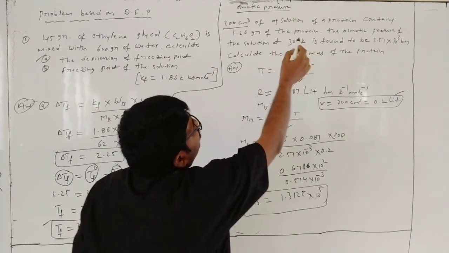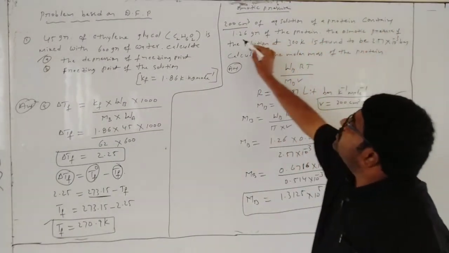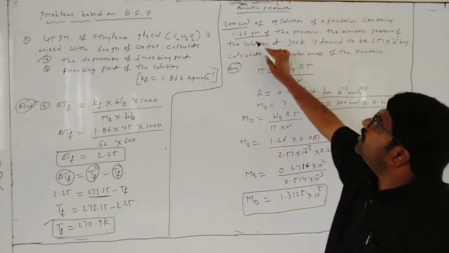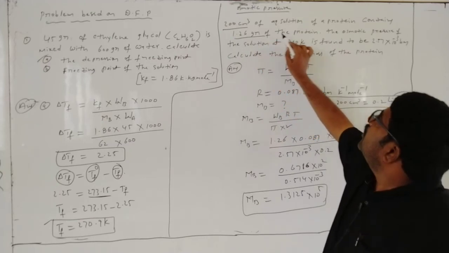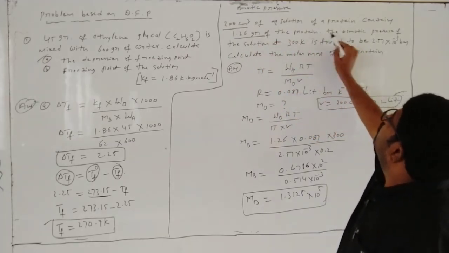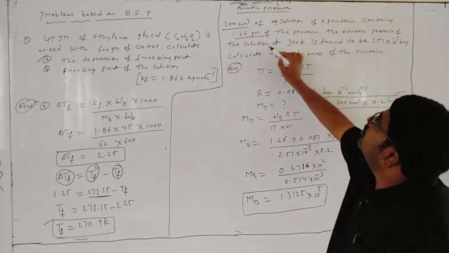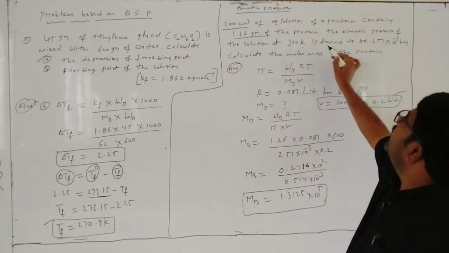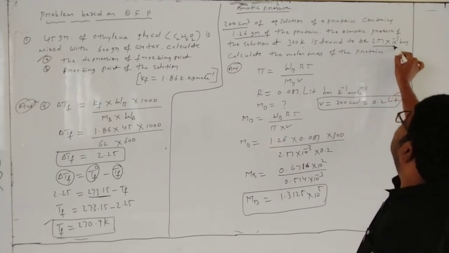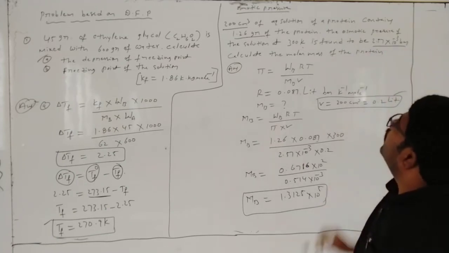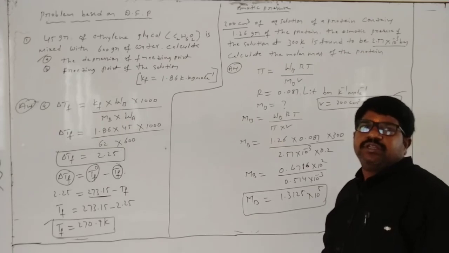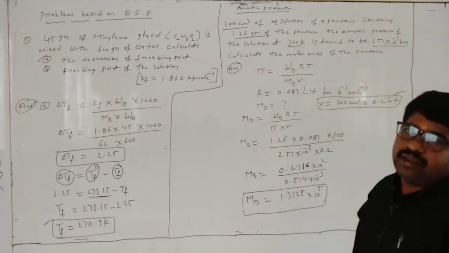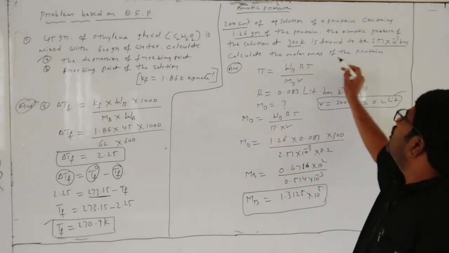An aqueous solution of protein contains 1.26 grams of protein. The osmotic pressure of the solution at 300 K is found to be 2.57 into 10 to the power minus 3 bar. That is the pi value, the osmotic pressure, at 300 K. Calculate the molar mass of the protein.